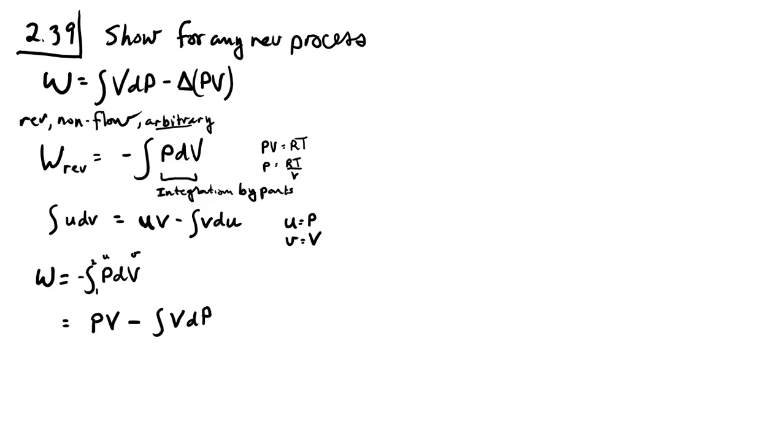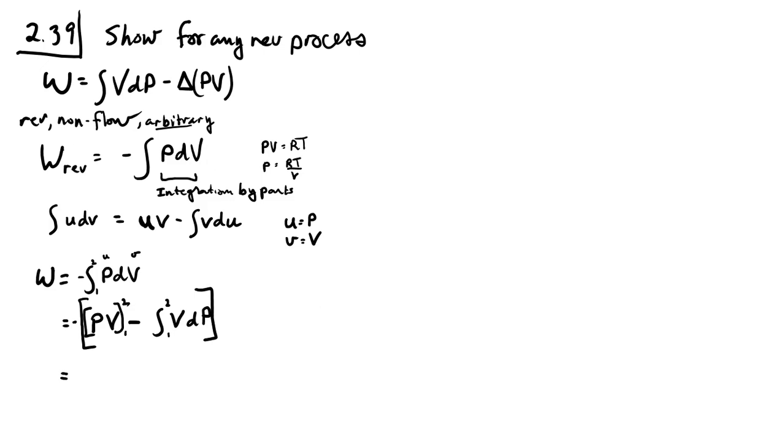This value, this PV, is the difference of the product of PV between state 1 and state 2. And then this is the difference between, and you can see here, this is probably what we want. This is between state 1 and state 2, and then I'm going to put my big bracket around everything for a minus sign, and so this is what I get.